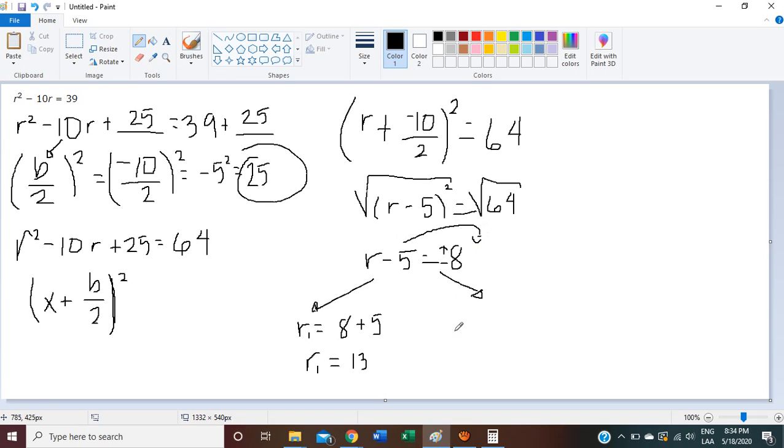All right, so R2, like Skywalker's robot. R2 is going to be negative 8 plus 5. So R2 equals negative 3. Okay, so here are our two answers.